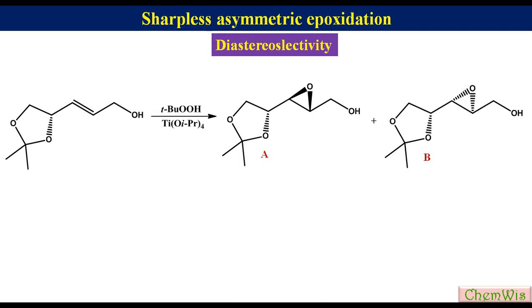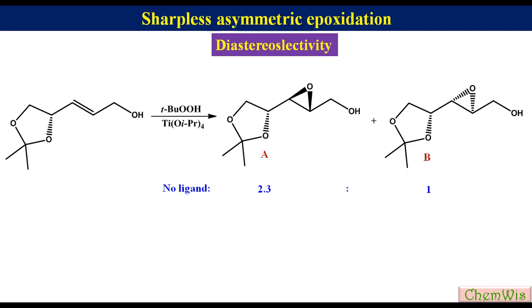In the absence of ligand, top face attack is slightly favored due to less steric hindrance, so we get A to B ratio 2.3:1. For the stereoselectivity in the presence of chiral dialkyltartrate, we can find the preferential face for the epoxidation like the way we did before.